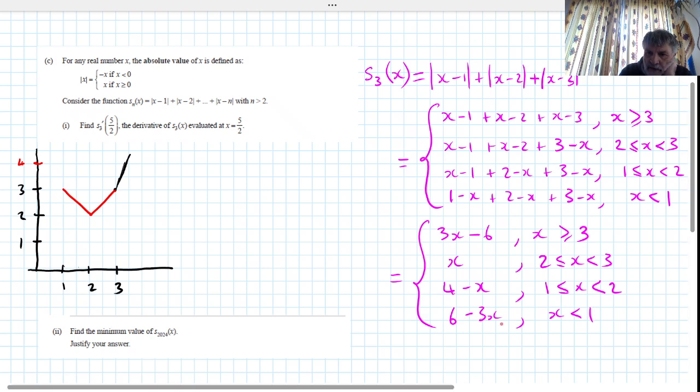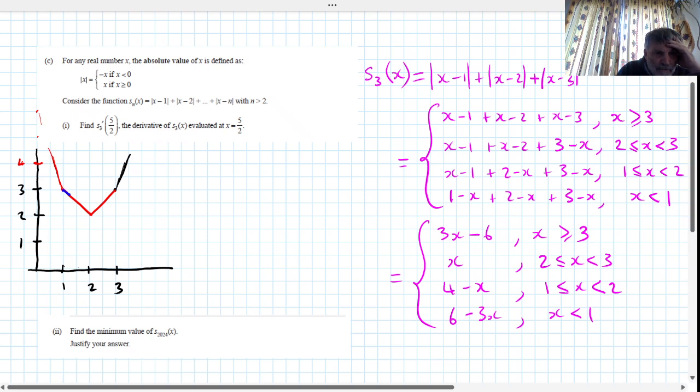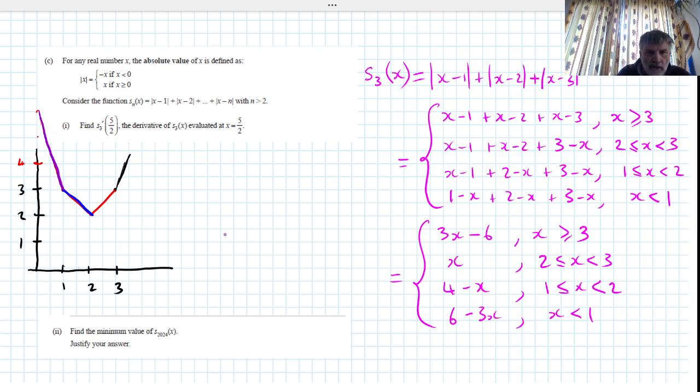And if x is less than 1 it's 6, which is up here, and minus 3x, so down it goes through there, so again quite steep. And I did say different colors, and I changed once and didn't do it again, so that will be blue, and this will be purple. So this is what the function looks like here.